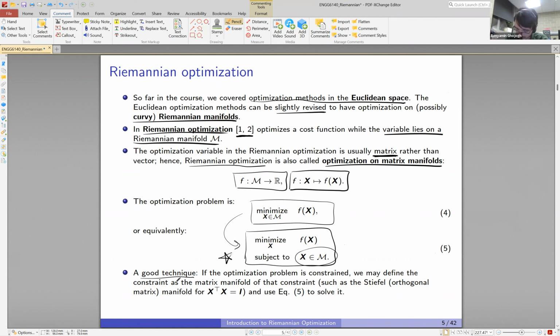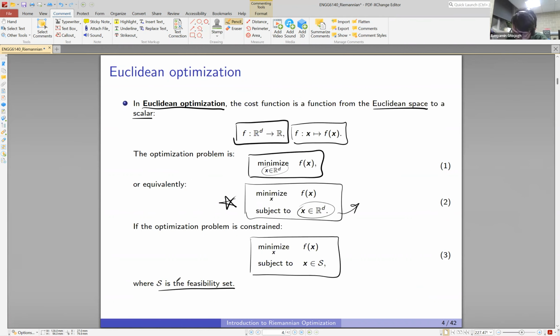For example, if my problem is like this: minimize f of x, where f of x is x transpose A x, where A is a known positive semi-definite matrix, with respect to x subject to x transpose x equals I, where I is the identity matrix.